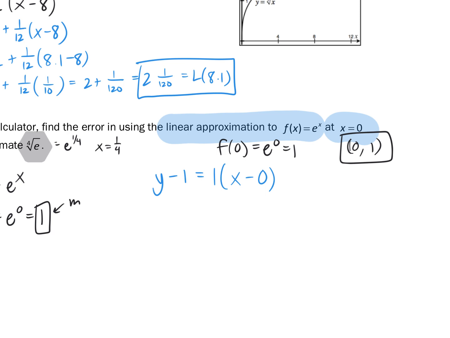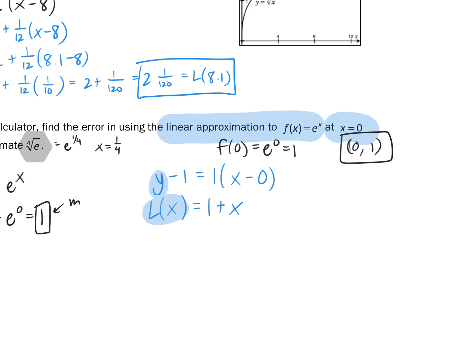Okay, so my linear approximation, again, your y is the same thing as your linear approximation. So L of x is equal to 1 plus x. Those are the same thing here. We're looking at when I plug in an x value, what is the approximation of the y value going to be output wise?